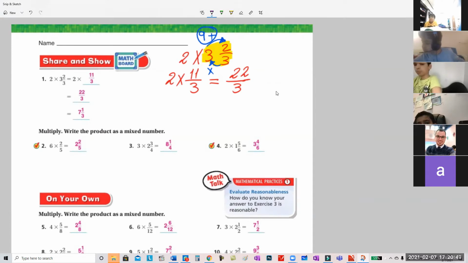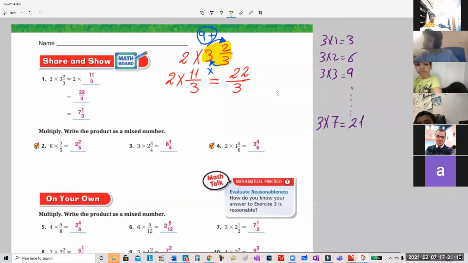Okay, so 3 multiplied by 1 equals 3. 3 multiplied by 2 equals 6. 3 multiplied by 3 equals 9, and so on to become 3 multiplied by 7 equals 21, and that's the closest number to 22 in table 3. So we're going to take this and put it here. And we're going to use 7 as a whole number.